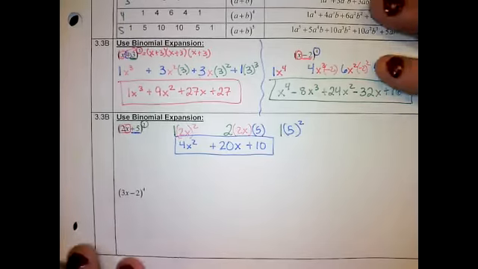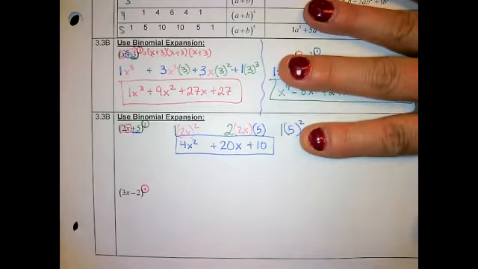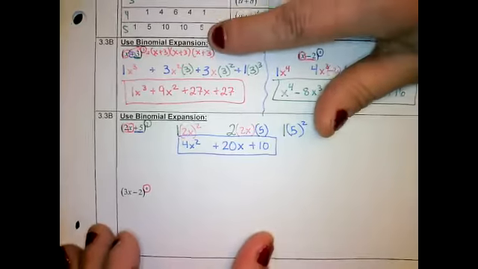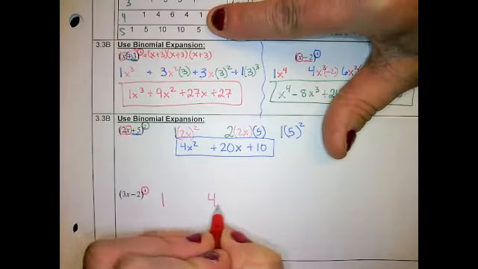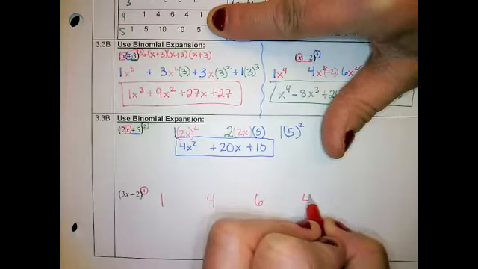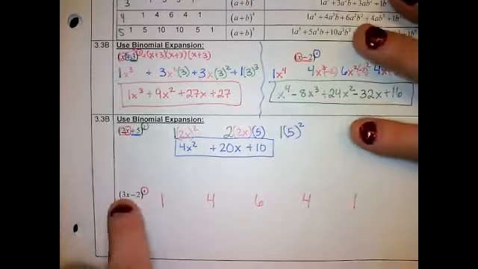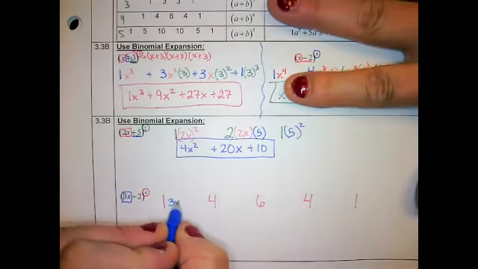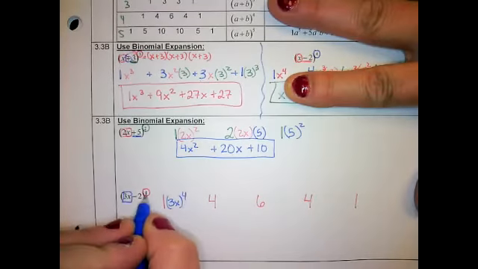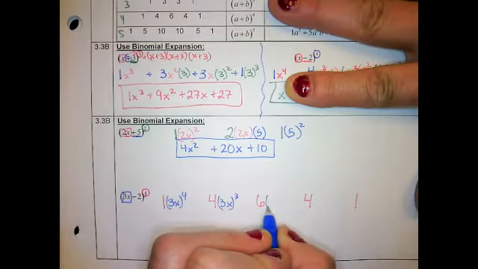Okay, I hope that all of you tried this. So we're going to go on ahead. First thing, we're going to look at the 4th row of Pascal's triangle, which is right here. So that's going to be a 1, a 4, a 6, a 4, and a 1. Now I'm going to start with my a term, my 3x. My 3x starts to the 4th power. Then it goes to the 3rd power.